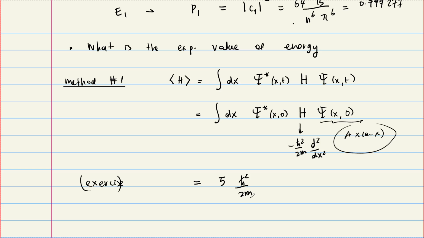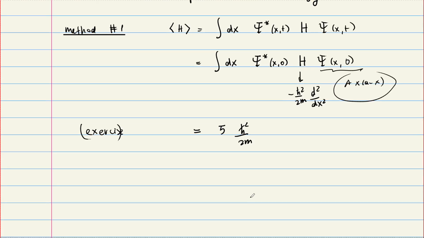But the warning about the first method is that sometimes we may not be given a nice function. Maybe you are in a lab and you are preparing the state. You may not be able to prepare the perfect state you want. Sometimes you may have to deal with a state which doesn't have a derivative. For example, also part of the exercise, consider an initial state like this, which is a problem in your book.